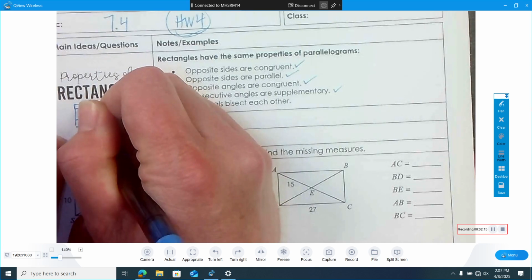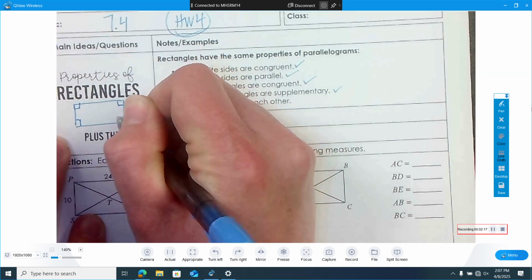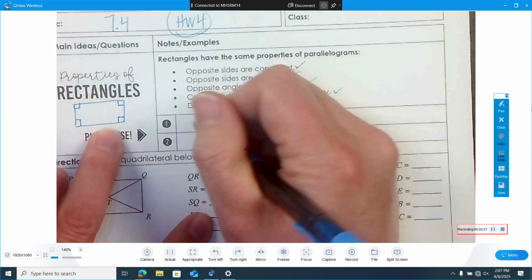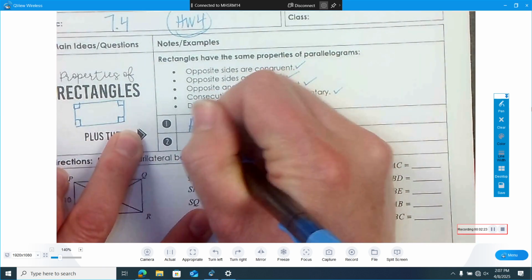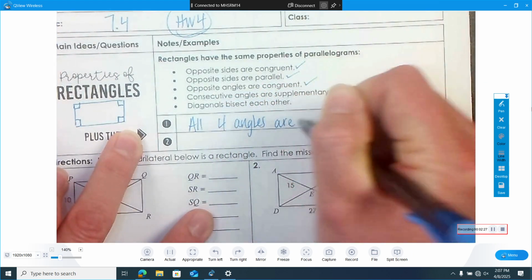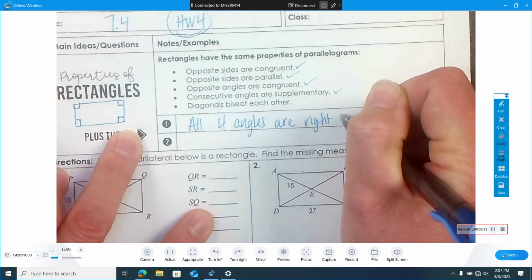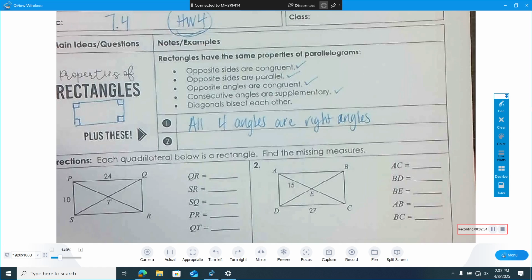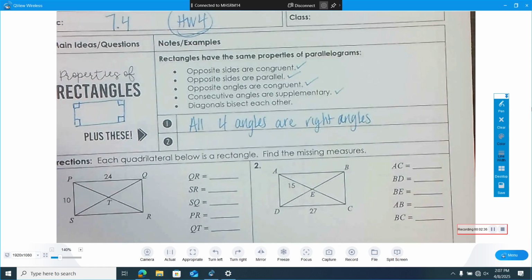We have, in a rectangle, the sides are perpendicular. We have four right angles. All four angles are right angles. All right? To make it a rectangle, there are four 90-degree angles.